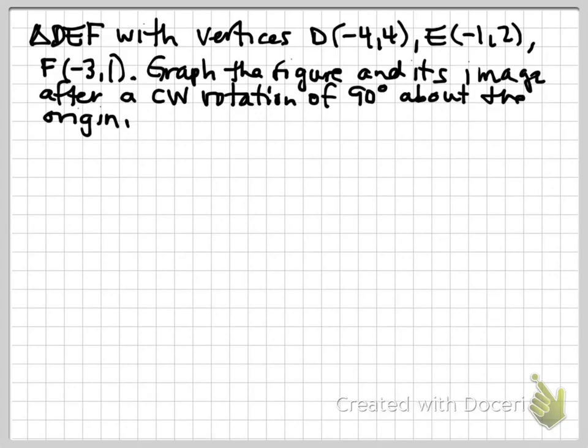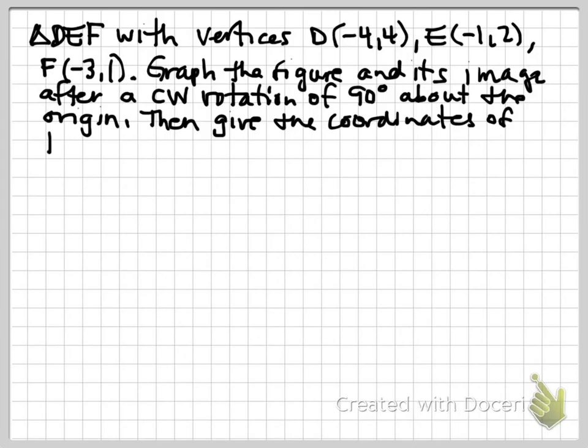So we're going to move to the right, one full turn about the origin. Okay? So then we're going to give the coordinates of the triangle D prime, E prime, F prime.